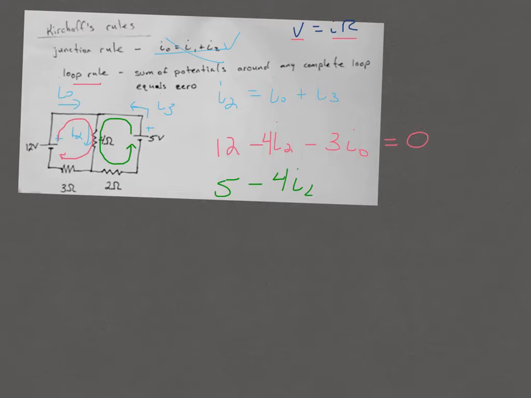You can see it's the same term as in the previous one. Then I'm going back, and I'm going through the 2 ohm resistor, but the current through that 2 ohm is the same as through the battery, so that's I3. So I have 2 ohms times I3 equals 0.